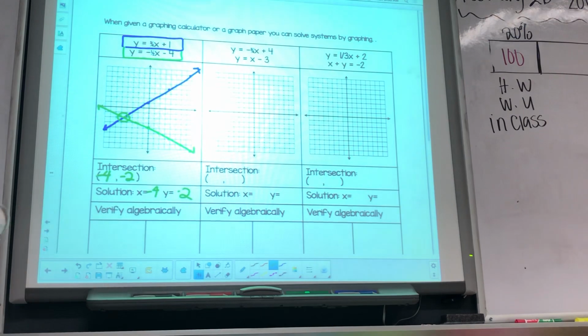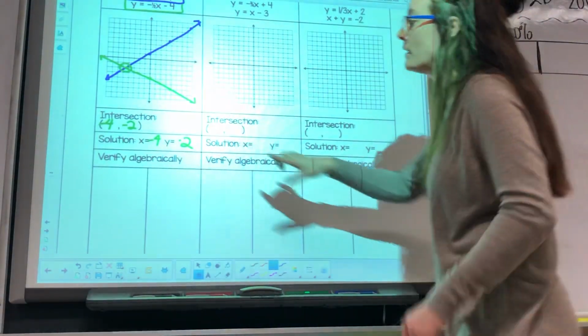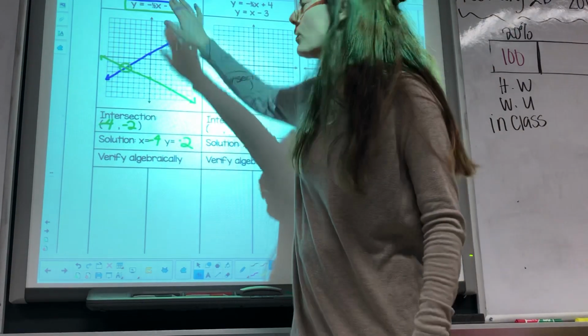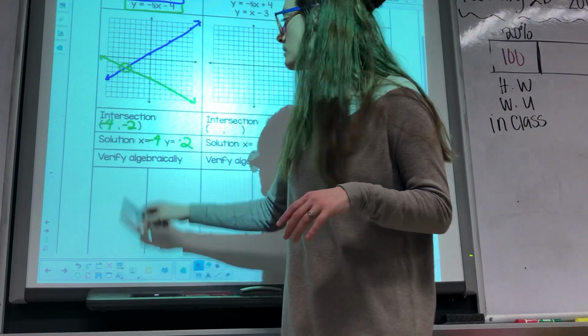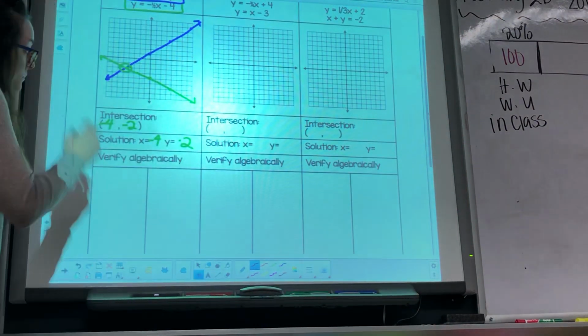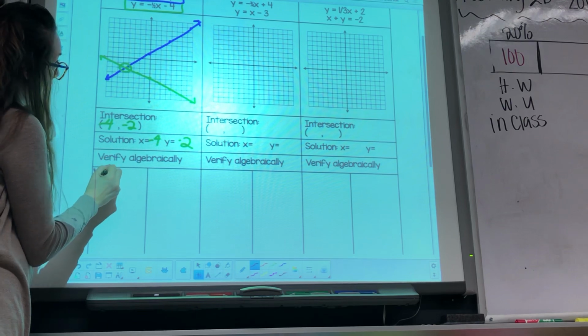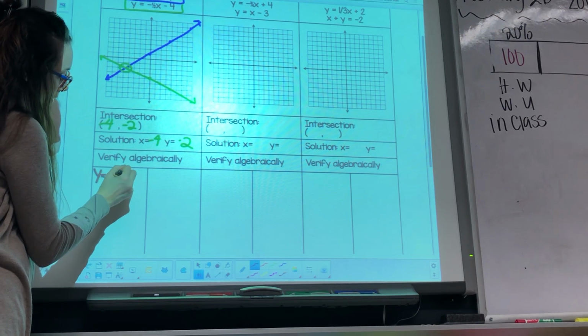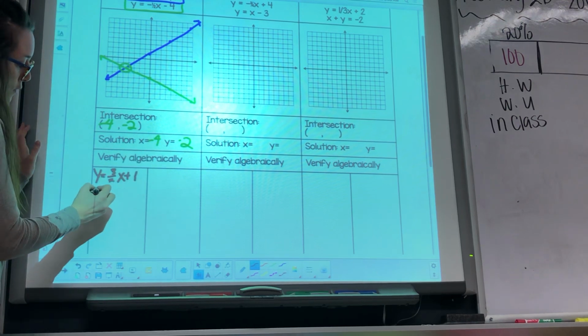Now to verify algebraically, what that means is that I'm going to put this into both equations and make sure that it satisfies both equations. So for my first one, we're going to put this -4 in. So I get y equals 3/4 x plus 1. I'm going to put -4 in.